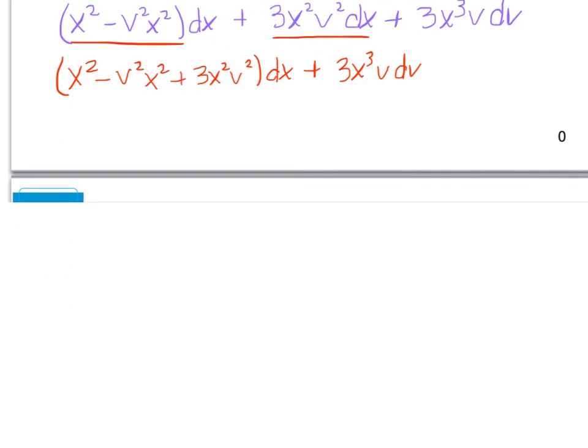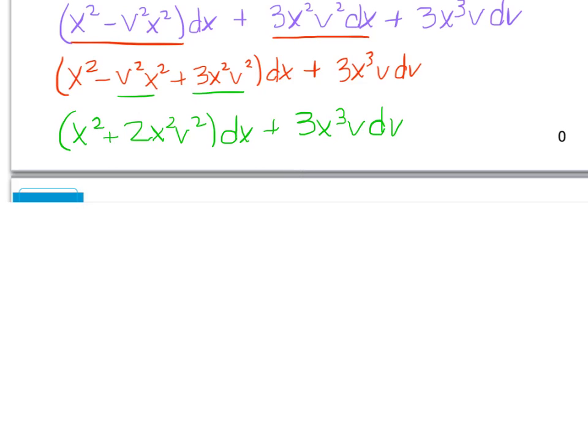Now from here, I can simplify my negative v squared x squared term with my positive 3x squared v squared. So I have x squared plus 2x squared v squared, and these are our dx terms, plus 3x cubed v dv. And these are all equal to 0. We should probably keep that as a part of our equation.